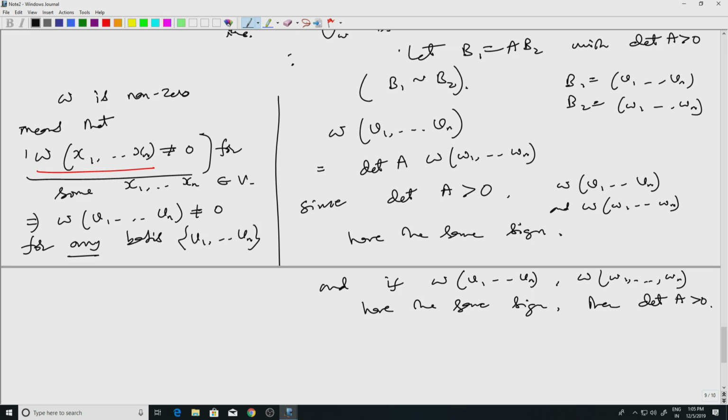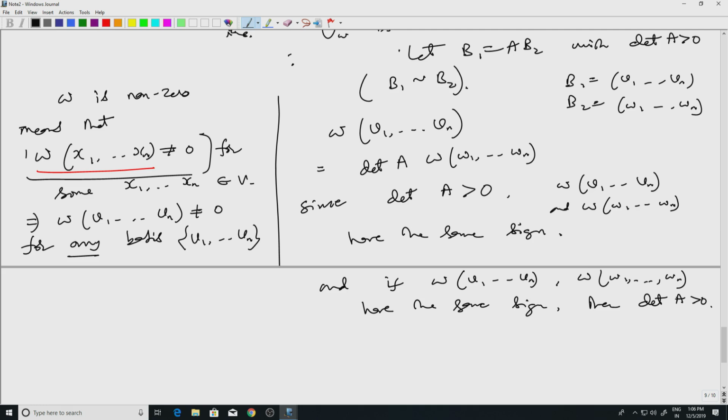The assumption that the form is non-zero is just that there is some choice of input vectors for which I don't get 0 output, but that implies that if I plug in any basis vectors, it will be non-zero, just by expanding this and using multilinearity and the alternating properties of omega.